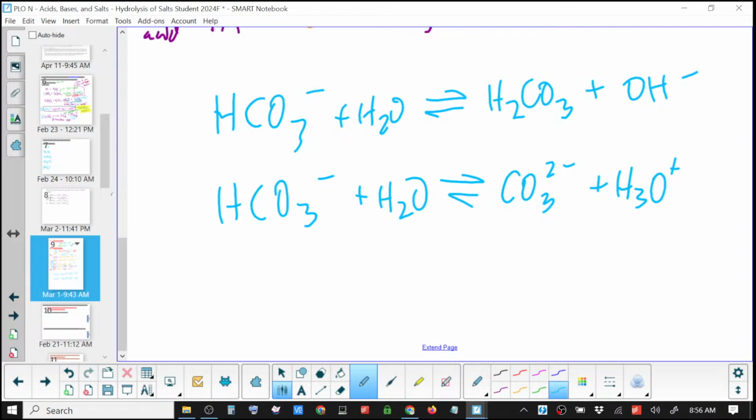But they can do both. If you put it in with a base, it'll do this, you'll get carbonate. If you put it in with an acid, it'll make this, it'll make hydroxide.